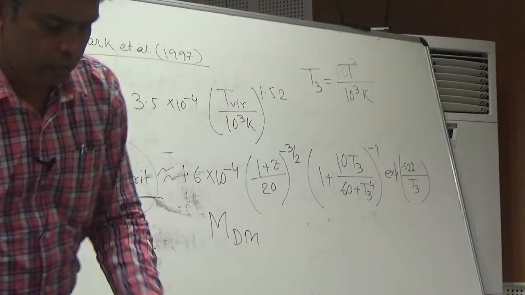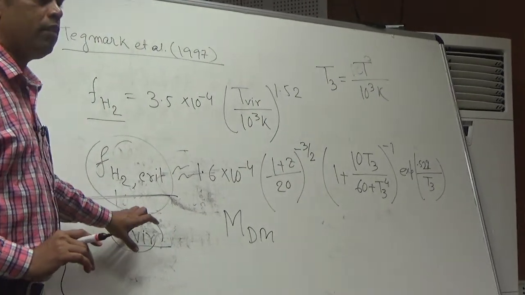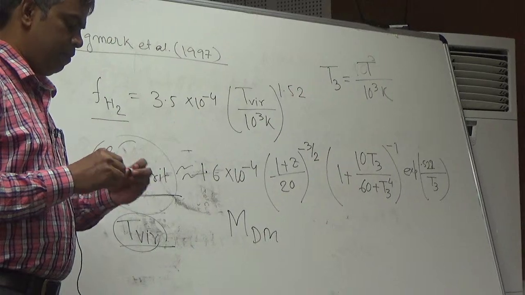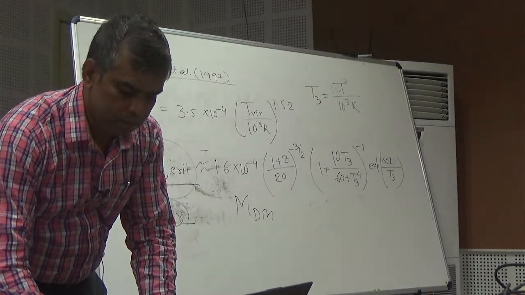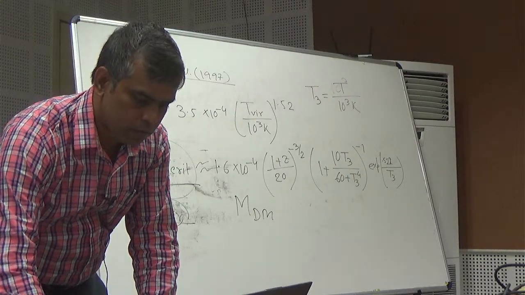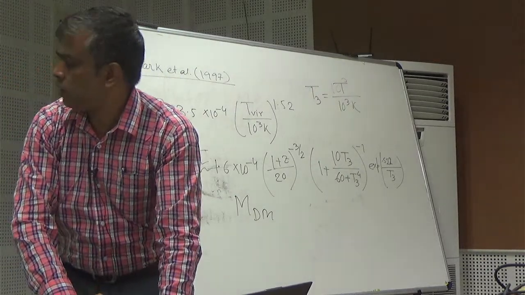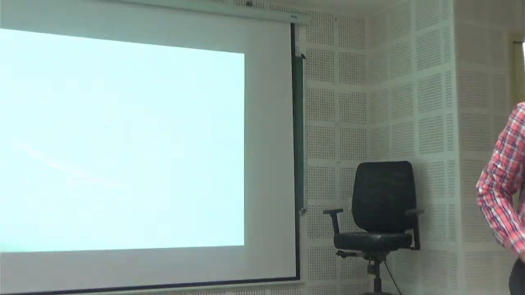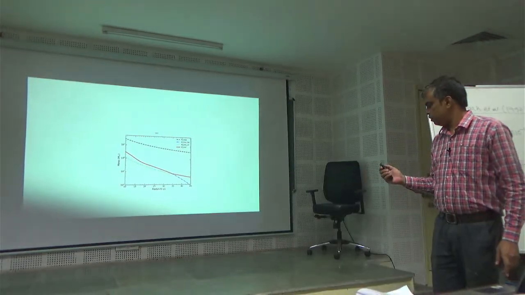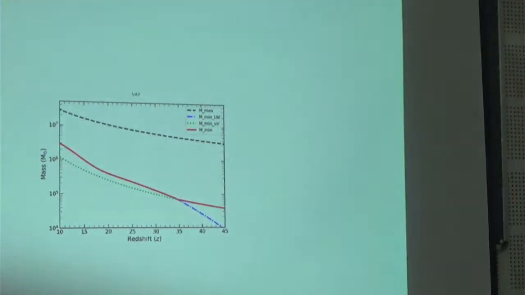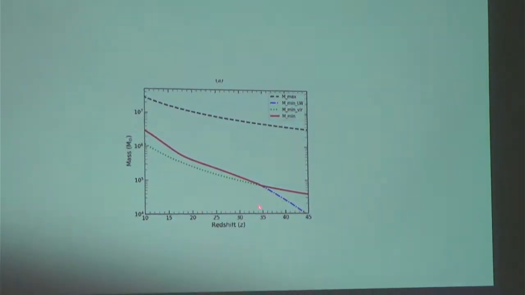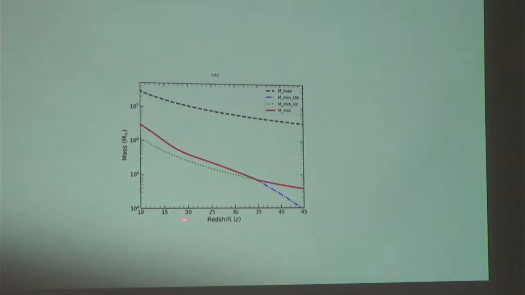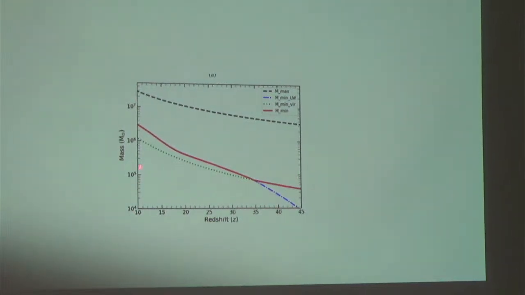Now I will show you the result on the minimum mass that can sustain this star formation of 3 star forms. The x-axis plots redshift, the y-axis is various mass, but you just focus on this green dotted line.